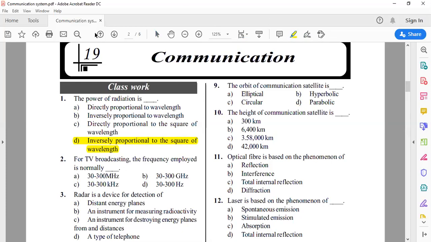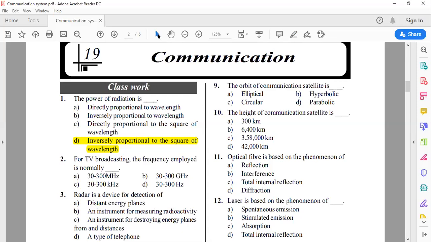Second question, for TV broadcasting, the frequency employed is normally. For television broadcasting, the frequency is from 50 megahertz to 890 megahertz.